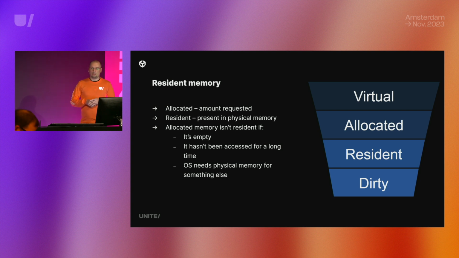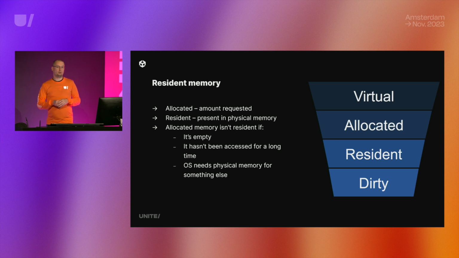The second, the most common reason, is that it hasn't been accessed for a long time. This is much more platform dependent because it can be moved to secondary storage like a swap file, and this can commonly be found on desktop platforms.